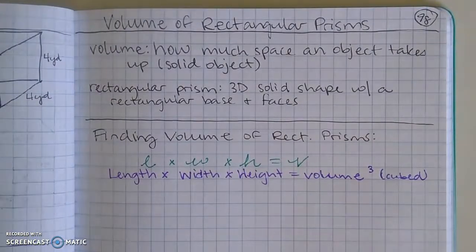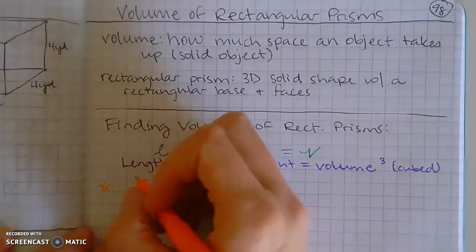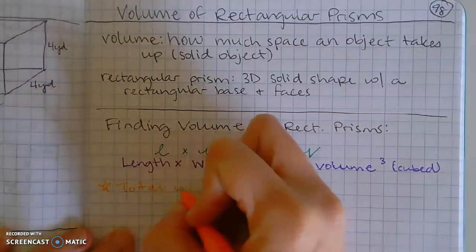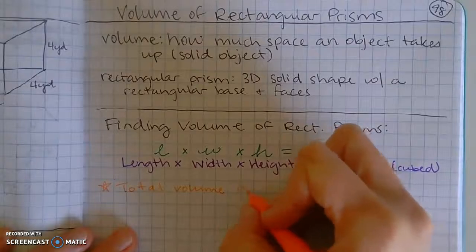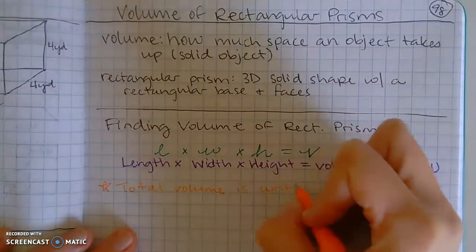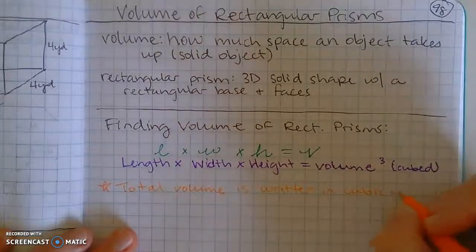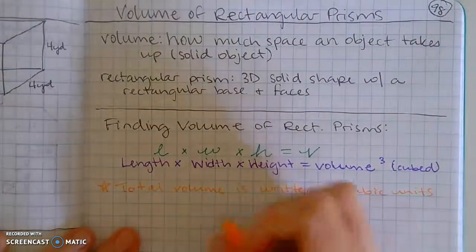All right, now the total volume, and this is what I was saying right here, so let's just add a quick note here. The total volume is written in cubic units, okay, or units cubed.